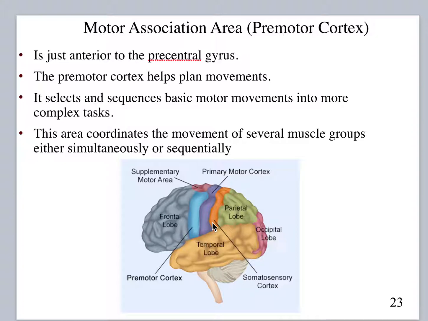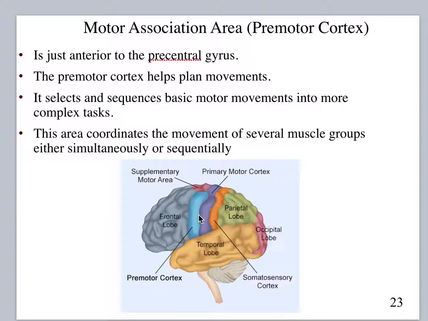Now, in front of the primary motor cortex, there's a premotor cortex. The premotor cortex doesn't control the muscle movements, but it helps plan muscle movements. So if you're picking up a cup of coffee, think of the muscles that you have to employ to pick up a cup of coffee. There's the biceps contracting. The hips have to stabilize so that you don't fall over.